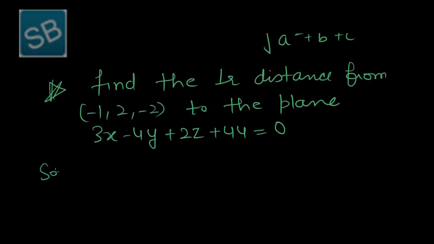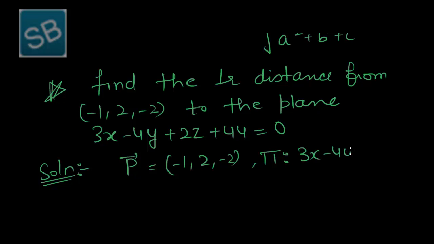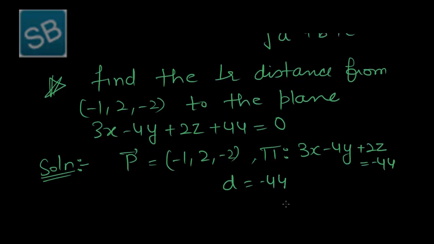Now the solution is: point P is (-1, 2, -2). Pi is 3x minus 4y plus 2z is equal to -44, that is d is equal to -44, and vector n is (3, -4, 2).